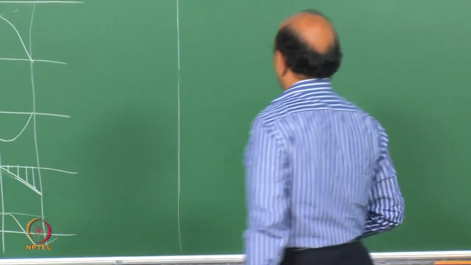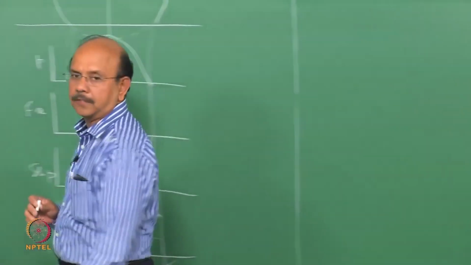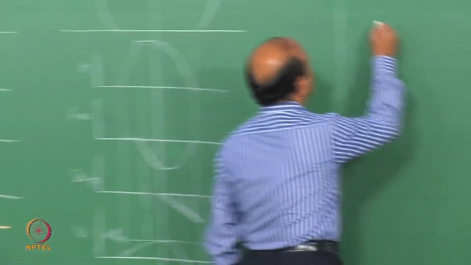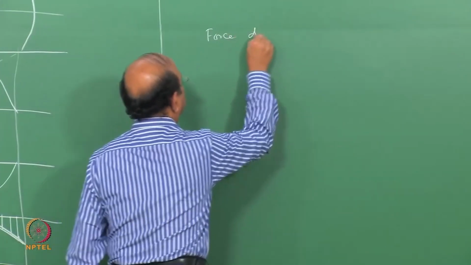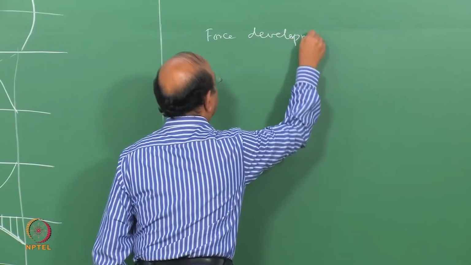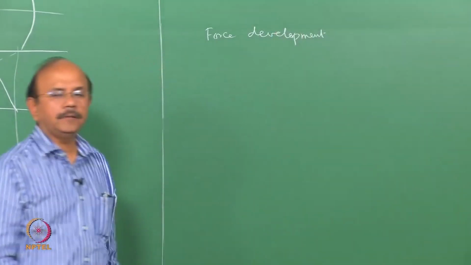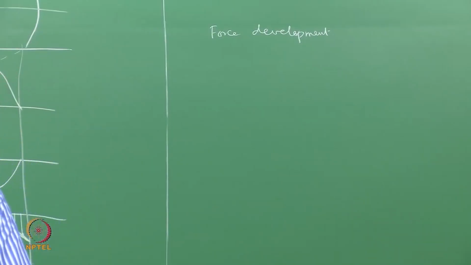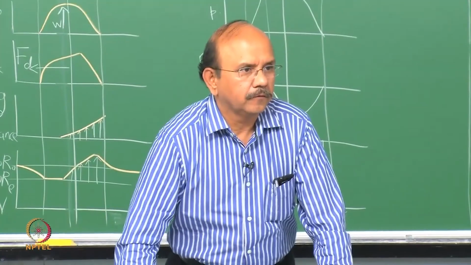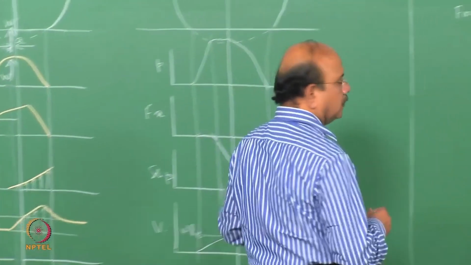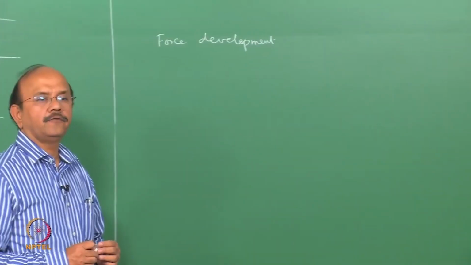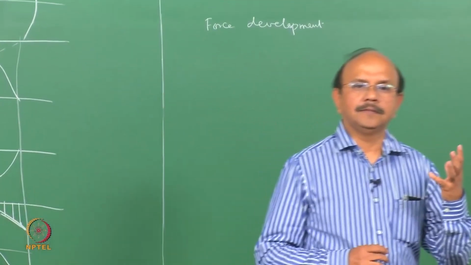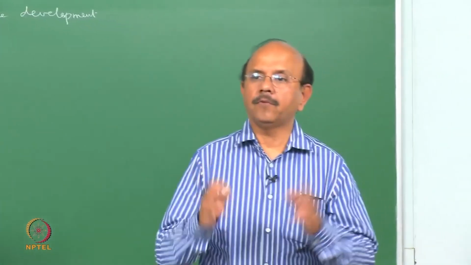Okay. So, the last class and the class before that, we were beginning to look at the force development. It was very clear from a very simple analysis of our free rolling that force development depends upon the deformations in the tread blocks.